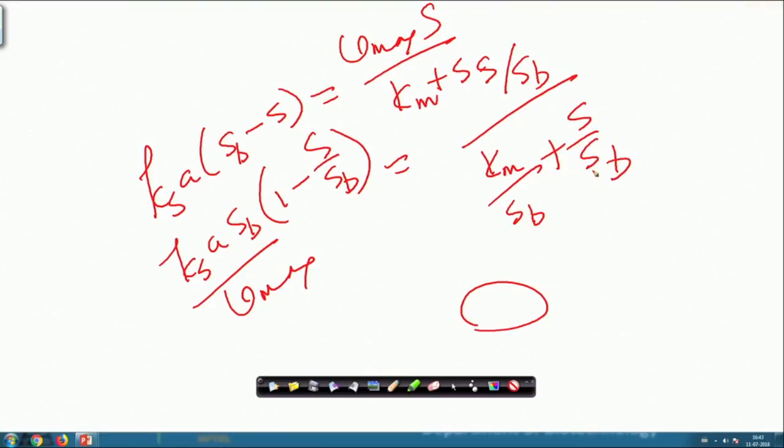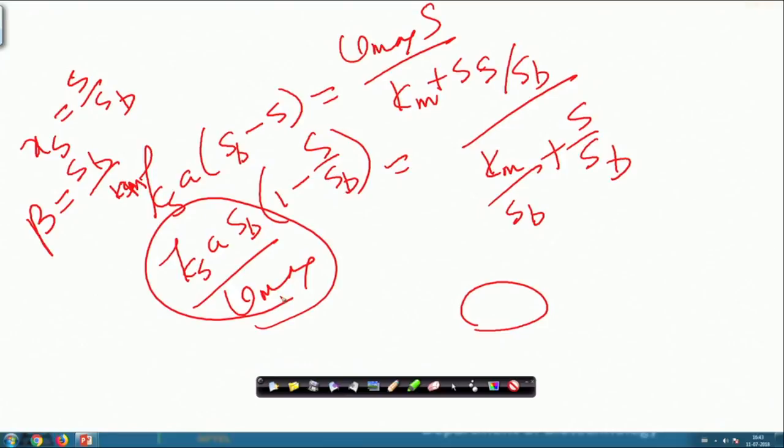I can take 1 by Sb common. So if I assume Xs equal to S by Sb, and beta is equal to Sb by Km, and this we know as the Damkohler number.